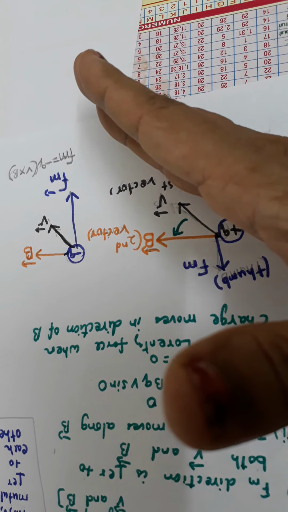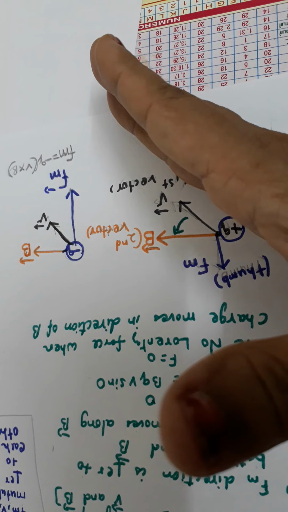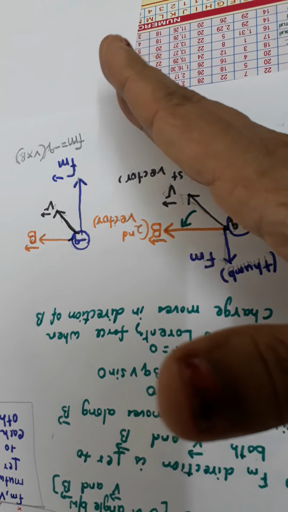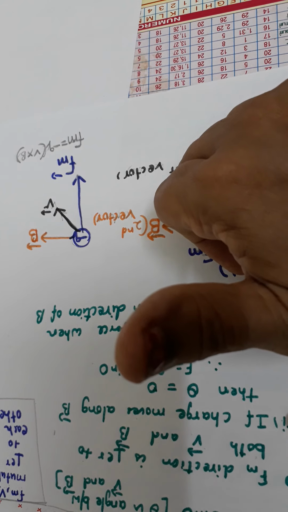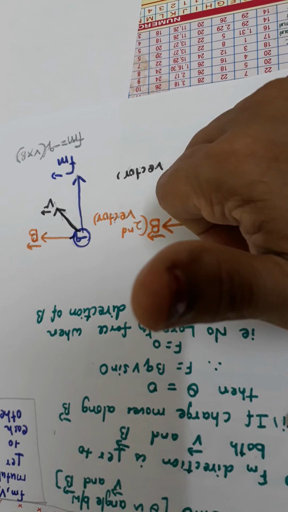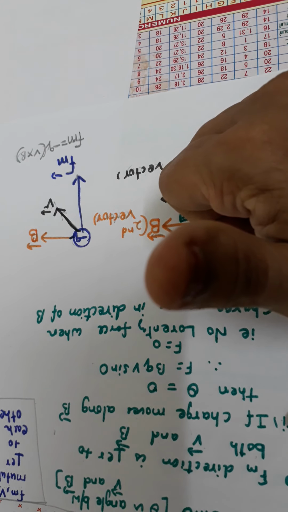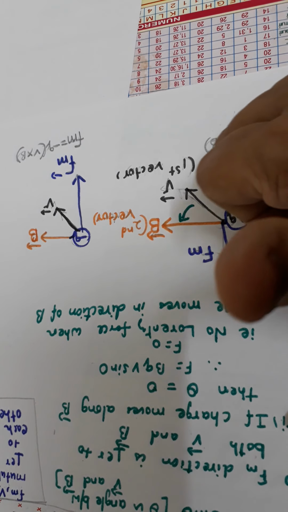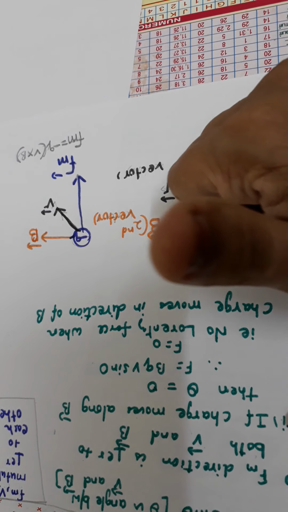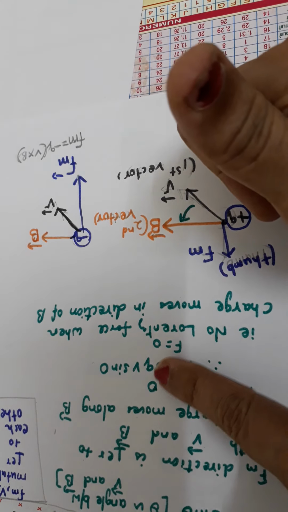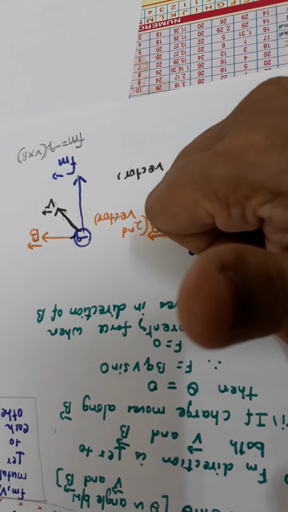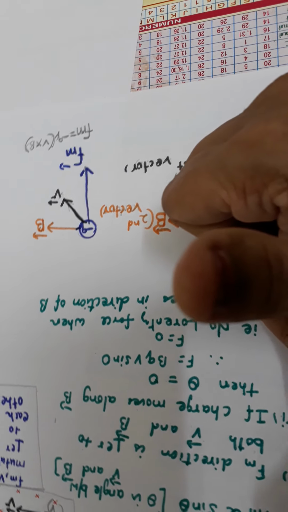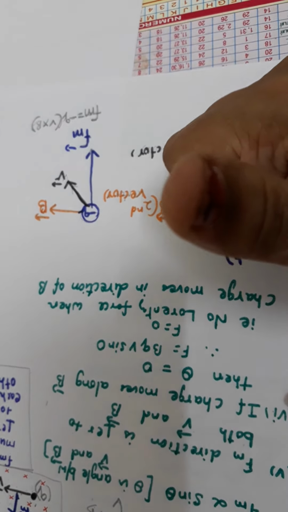Now what happens? These four fingers should be curled toward the second vector, right? At that time, the extended thumb, you can see the thumb is pointing out of the paper, right? For this case, it is pointing out of the paper. I cannot draw out of the paper, that's why I have drawn in the upward direction here, right? So this extended thumb gives the direction of Lorentz force, right?